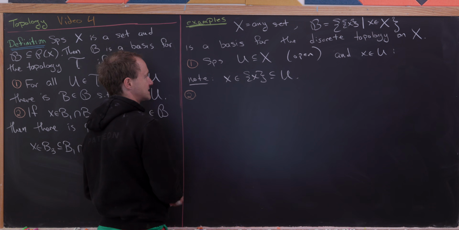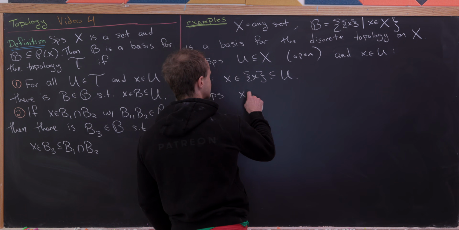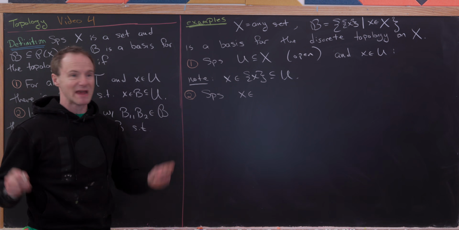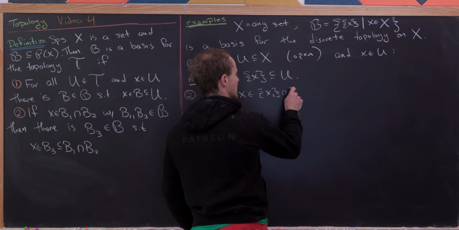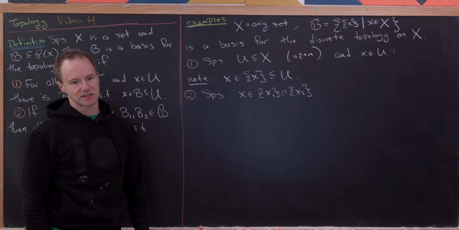Okay, next up, let's suppose that we have a point x which is in the intersection of two basis sets. So let's say that it's in the intersection of the set containing x1 and the set containing x2.